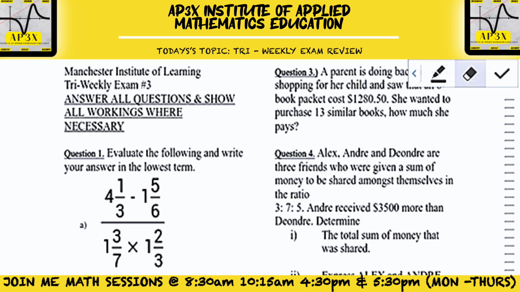Now, the ratio in which they were given to share the money was 3 to 7 to 5. Now, we are told that Andre received $3,500 more than the amount that DeAndre received. Using this information, we are to find the total sum of money that was shared.